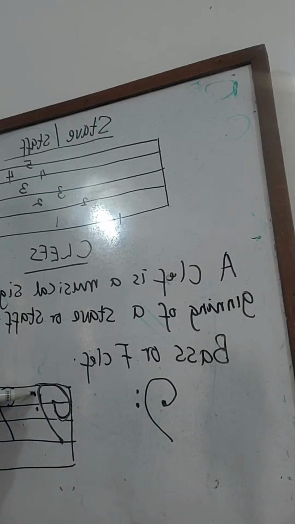There are also two dots that are written close to it. These dots are placed at the third and fourth spaces of the stave.